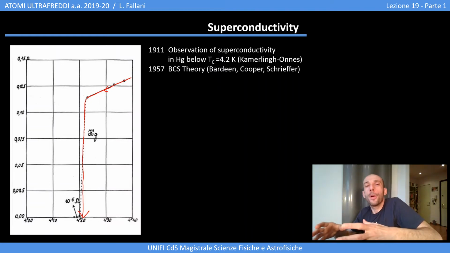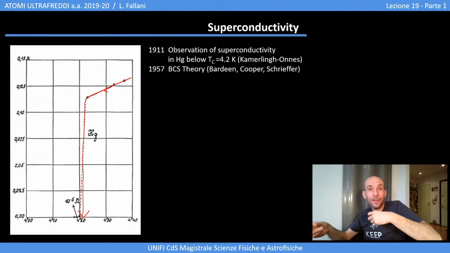So what are Cooper pairs? Cooper pairs are pairs of electrons with opposite spins. So in a metal you have a mixture of two Fermi gases, so electrons with spin up and electrons with spin down. You can have interactions between electrons with opposite spins, and these electrons can pair and so form a couple.